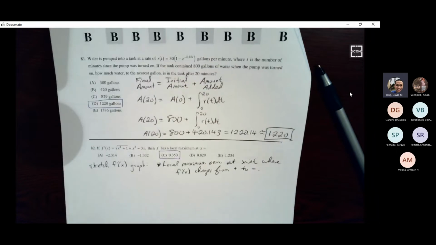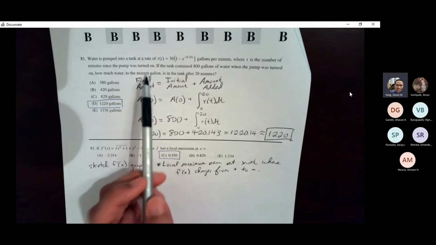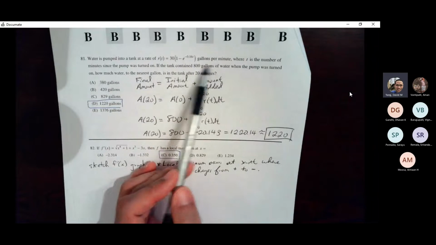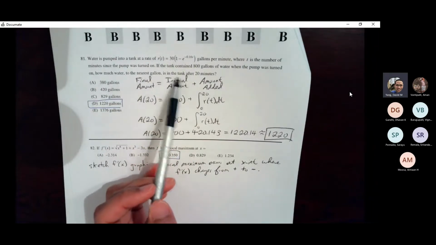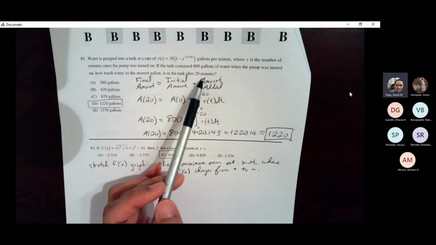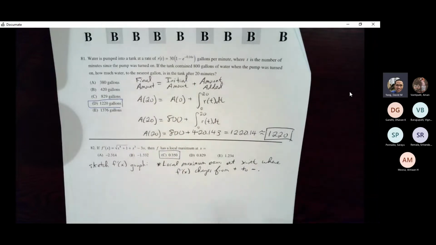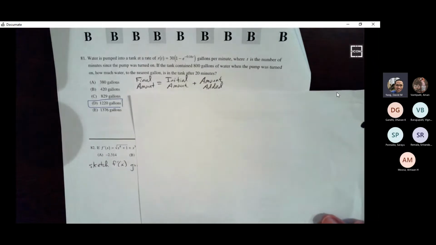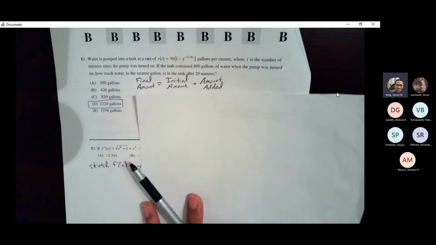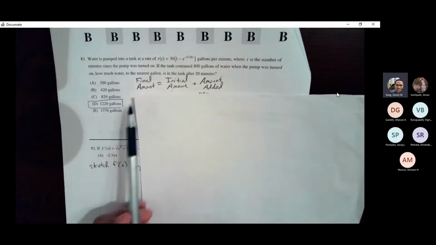Okay, 81. Water is pumped into a tank at a rate of R of t, where t is the number of minutes since the pump was turned on. If the tank contains 800 gallons of water, how much, to the nearest gallon, is in the tank after 20 minutes? I like to use this formula: final amount equals initial plus amount added. In this case, there's no amount being removed, so all we need is one moving part here.